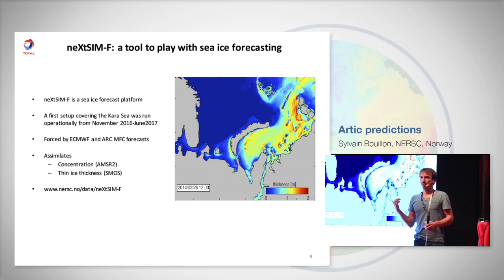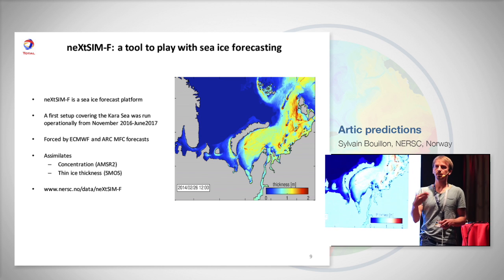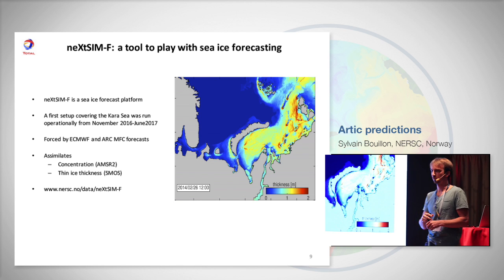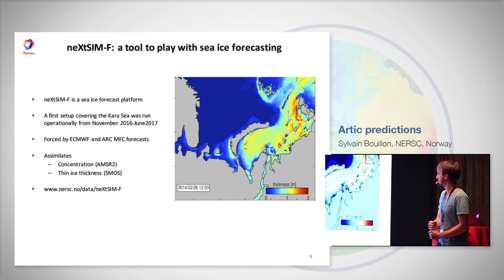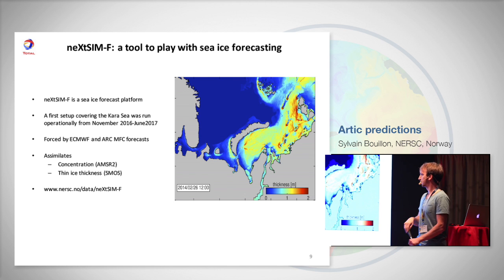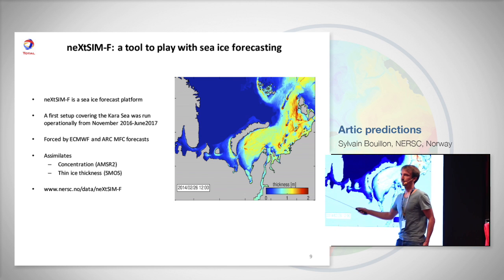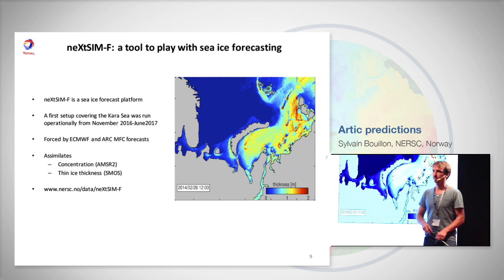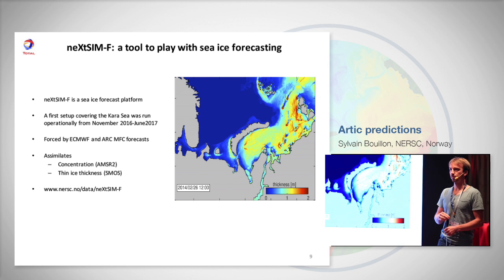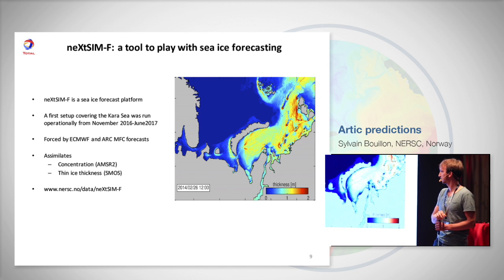So the forecast was running operationally for 1 winter. That was to convince them that it was feasible to have that running operationally. It's forced by the ECMWF atmospheric forecast, the deterministic one, and by the TOPAZ ocean forecast that is available through CMEMS.